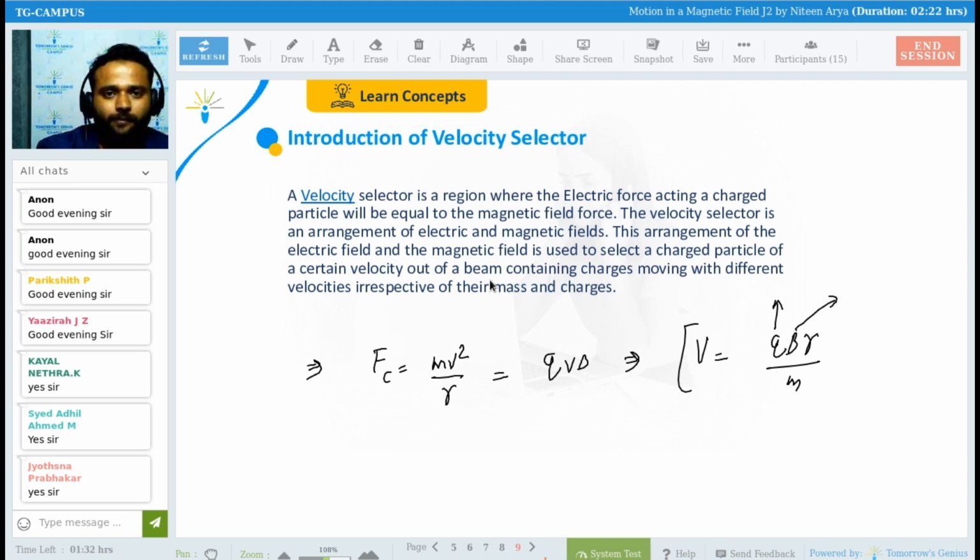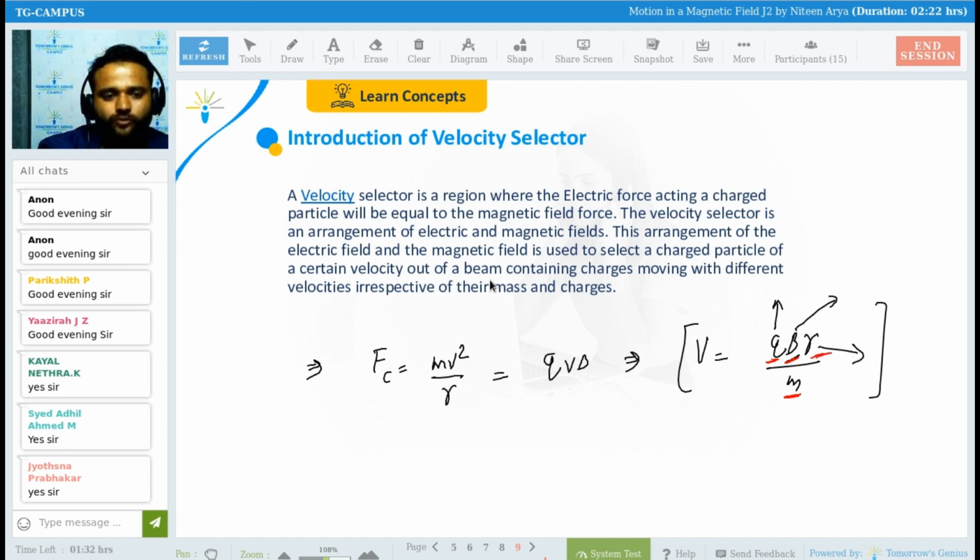Obviously when I create any particular instrument, I set this. This means I fix this also, and the moment I change my charged particle, it is going to select or not select according to this charge or mass, because this I can tune according to my selector. This is fixed only.